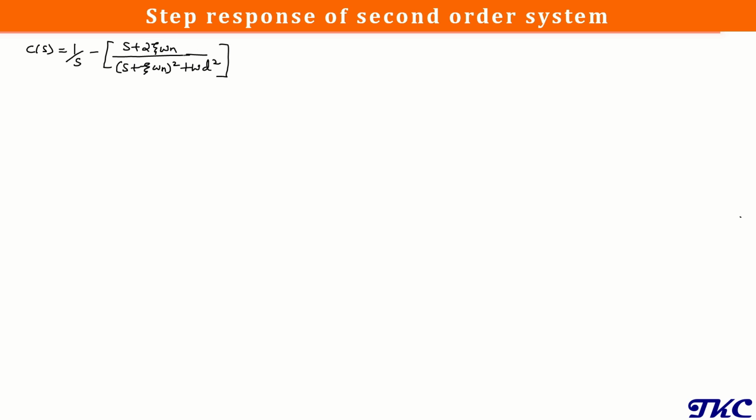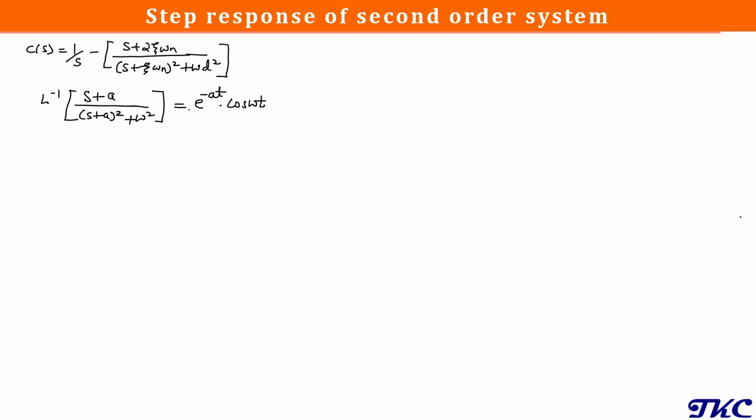In order to take the inverse Laplace of this term, we can use some of the properties of inverse Laplace. So let's see what properties we can use here, like the Laplace inverse of s plus a divided by s plus a the whole square plus omega square. This will be equal to e raised to minus at into cos of omega t.